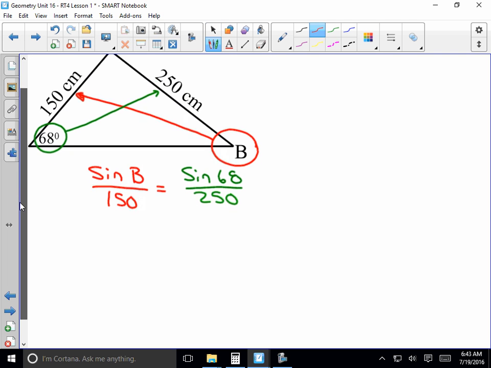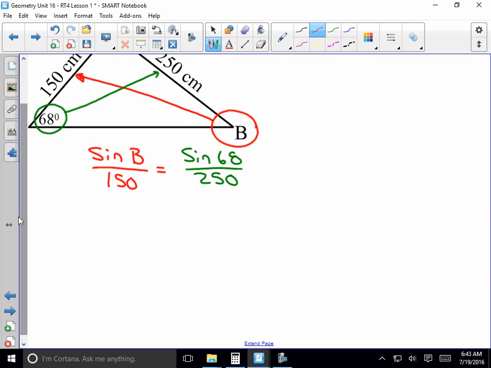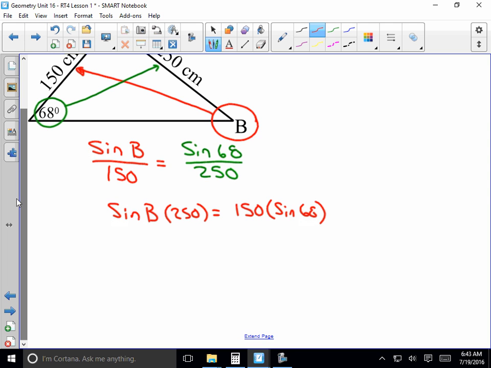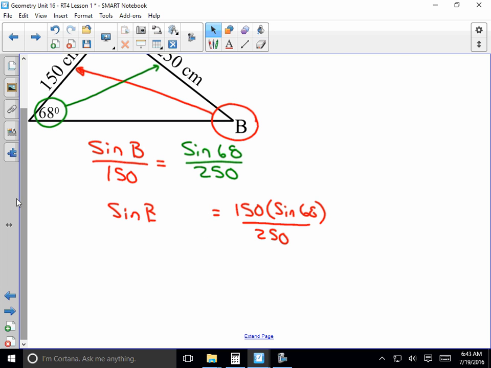And then, like almost everything we've done in this semester, our first step to solve this is to cross multiply and solve. So we have the sine of B times 250 equals 150 times the sine of 68. Then we divide both sides by 250, and we get a numerical value that's going to equal the sine of B. So we have to turn this into a numerical answer.